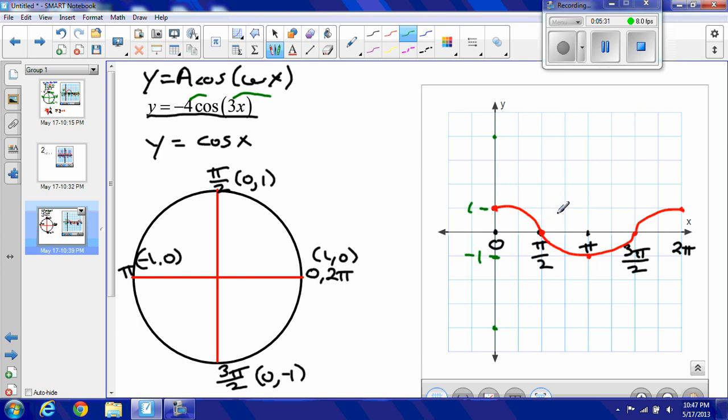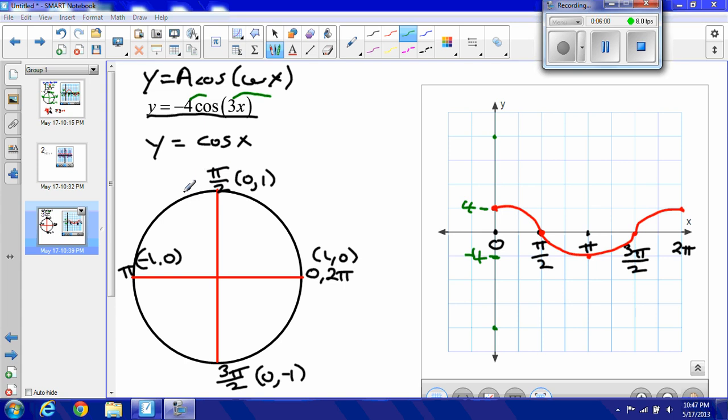But instead, I think it's easier just to change the axes, because I know that my highest point is going to be 4 and my lowest point is going to be -4. So I'm going to change my 1 into a 4, and my -1 into a -4. So now I've just changed the amplitude of this graph. Now it's not going from 1 to -1, it's going from 4 to -4.